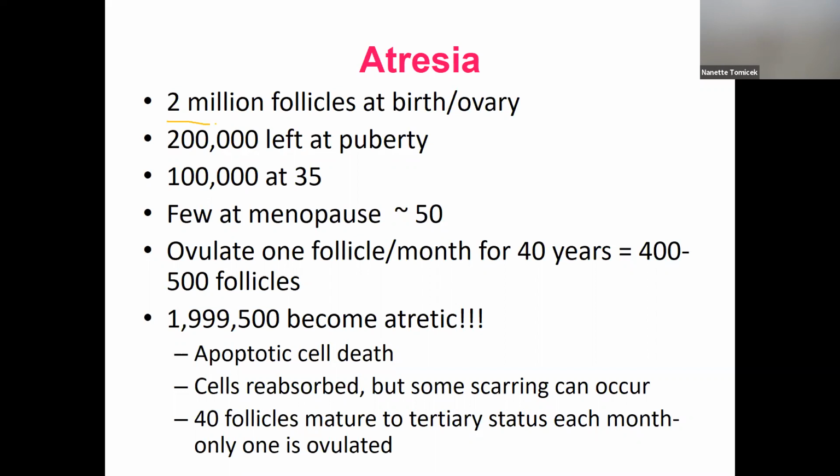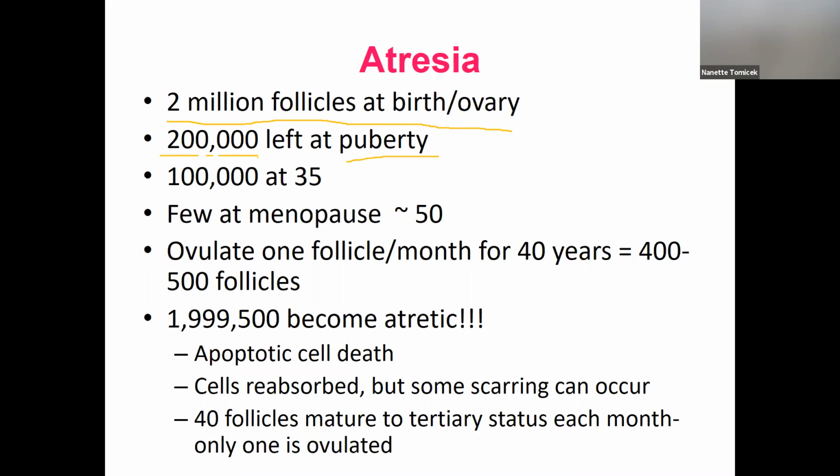Okay? A female baby is born with 2 million follicles, those primordial follicles, at birth per ovary. Now, before she even reaches puberty and starts ovulating, a bunch of these cells are going to die. So most of the weak ones are screened out right away. Okay, so we are down by a factor of 10.